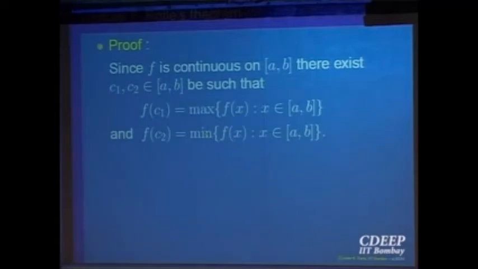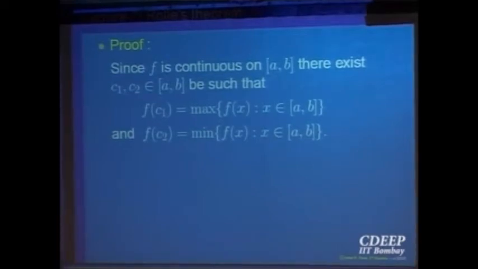Now what are the possibilities? One case is that at least one of c1 and c2 is an interior point, since c1 and c2 belong to the closed bounded interval [a, b]. So at least one of c1 or c2 is inside the open interval (a, b).